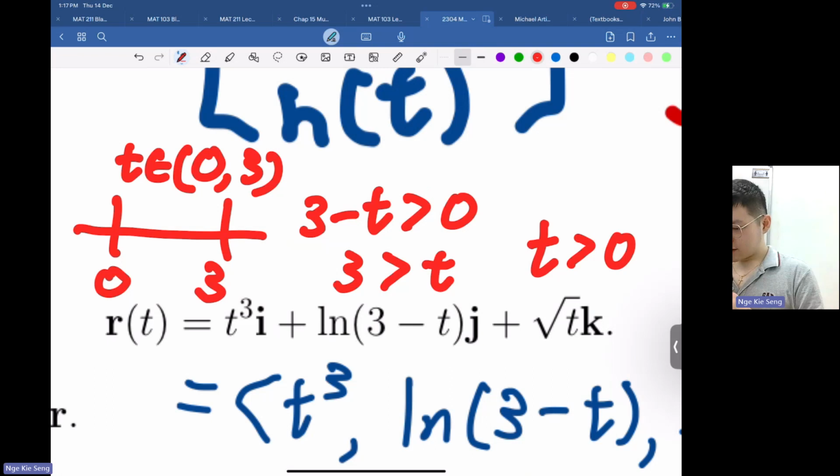Wait, let me see. t has to be greater than 0, t has to be less than 3. What's the issue here? Oh, square root 0 is allowed. So it is half open and half closed: closed at 0 and open at 3, because square root 0 is allowed. Straightforward.